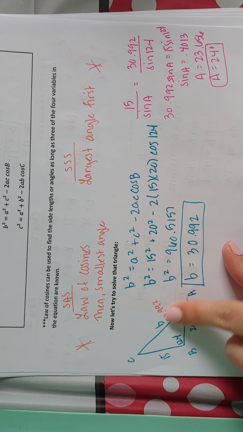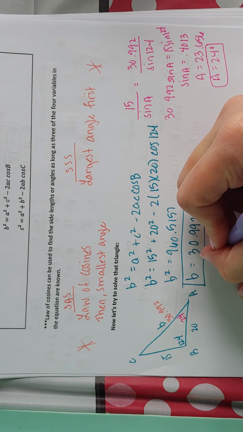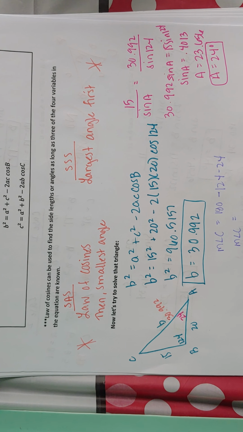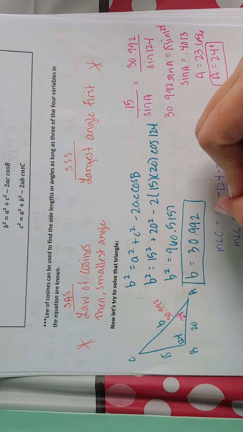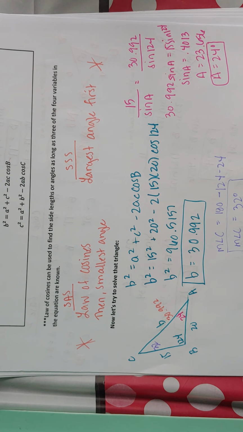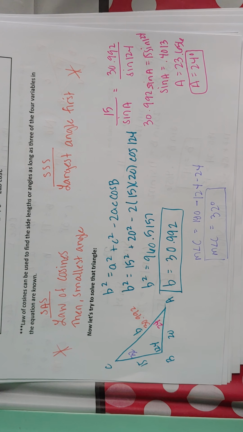I already know these 3 add up to 180, so the measure of angle C is going to be 180 minus 124 minus 24. And this is not geometry, so you don't need to put measure of angle C. So I'm going to do 180 minus 124 minus 24, and I get 32 degrees. And again, if you just have capital C equals 32 degrees, that's totally fine.